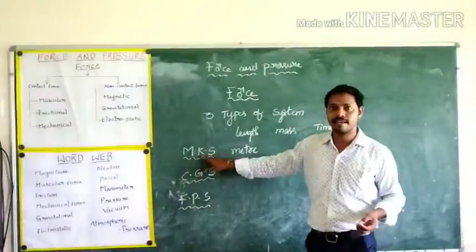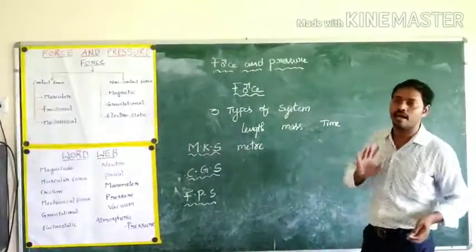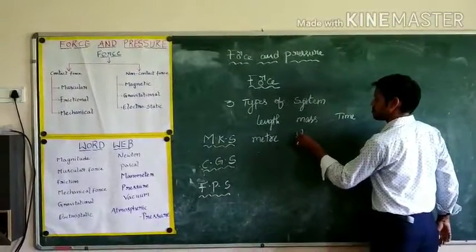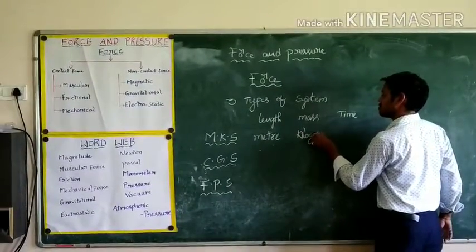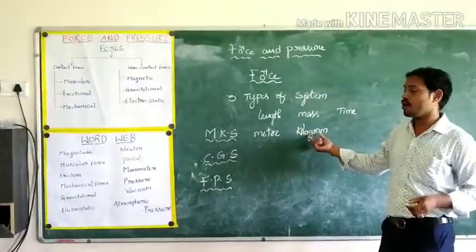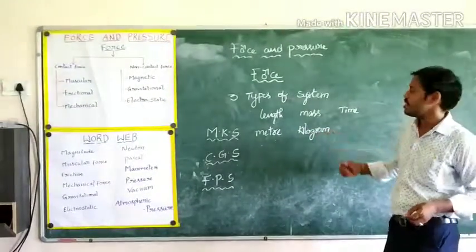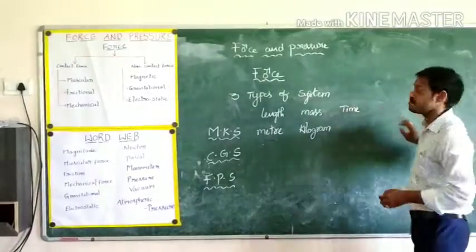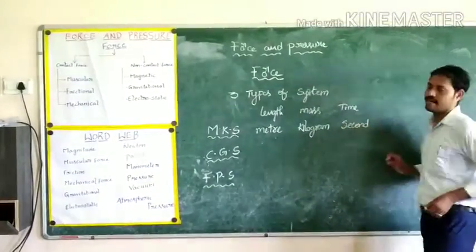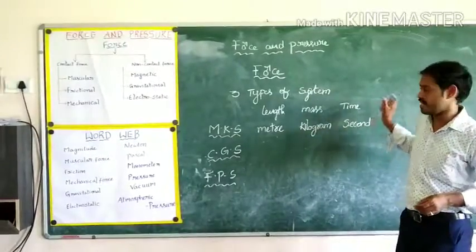Here K is there. K means kilogram. It is also well known that kilogram is also called kg. Then what is the unit for time? The unit for time is second.